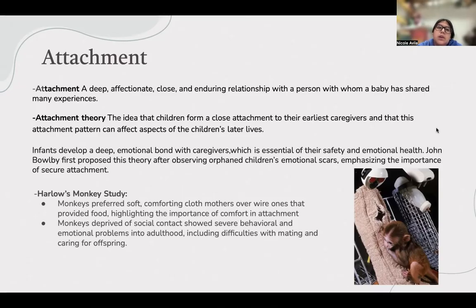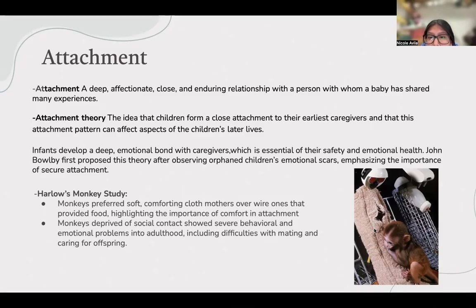The baby monkeys had two choices: either a wire mother with the feeding bottle, or a wire mother with the feeding bottle that had clothing on it and the mother's scent.